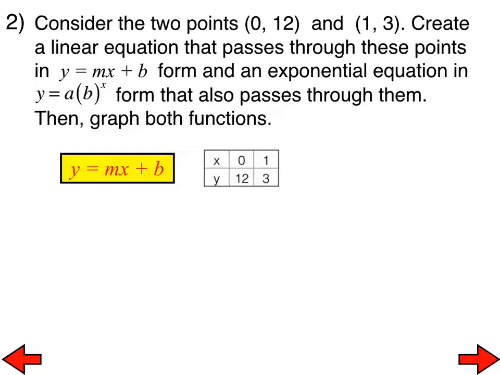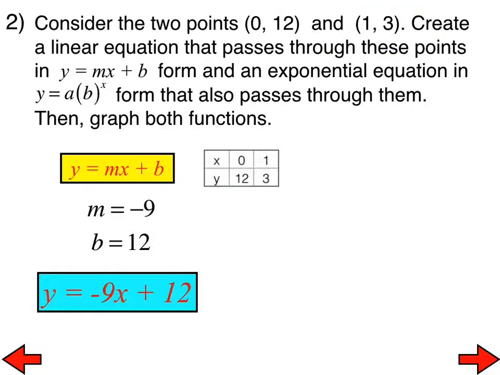So for the linear part, you could use the slope formula to figure out that the slope between those two ordered pairs is -9, and then utilize the y-intercept right there to come up with y equals -9x plus 12, or you could just use the table utilizing the same strategy that we used in number 1 and number 2. So that gives us y equals -9x plus 12.